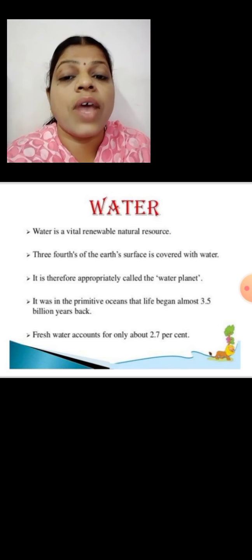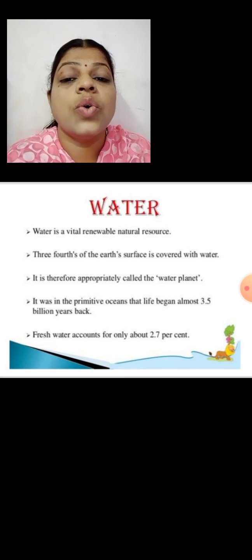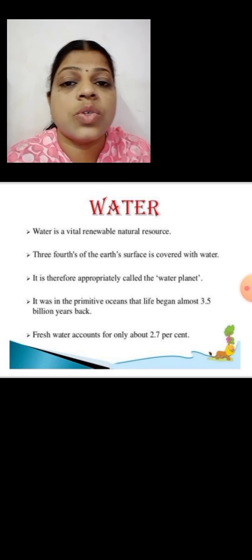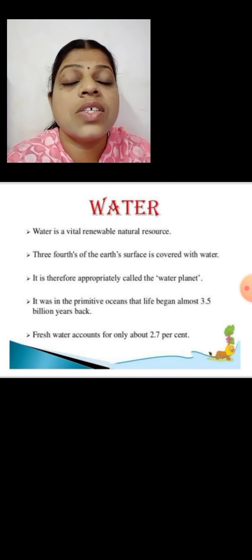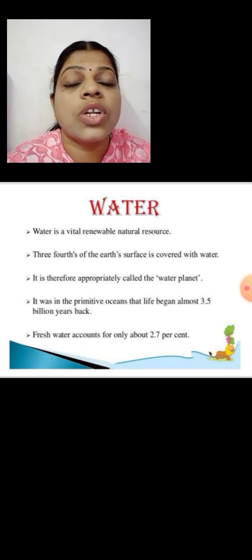The next factor is water. Water is also an important factor, and it's a vital renewable natural resource. You would have studied the water cycle, how water is formed through various transformations, how the water has been renewed.